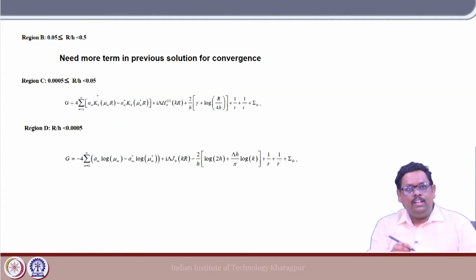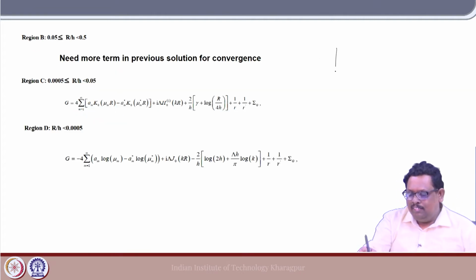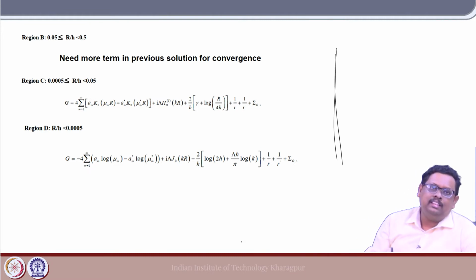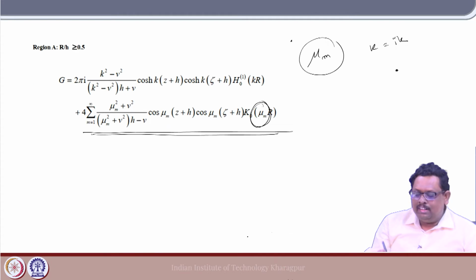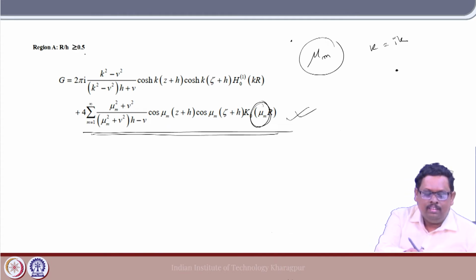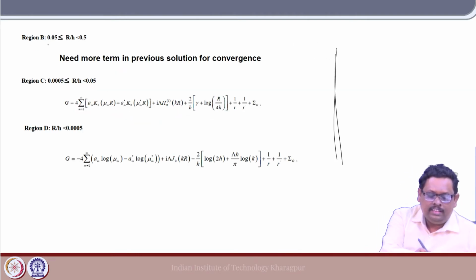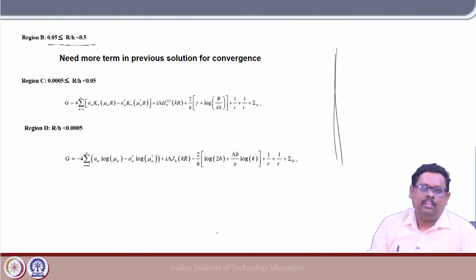Now, in region 2, I will very briefly write all the other regions. Here it converges very quickly if r by h is greater than 0.5, but in this region r by h lies between 0.05 and 0.5.